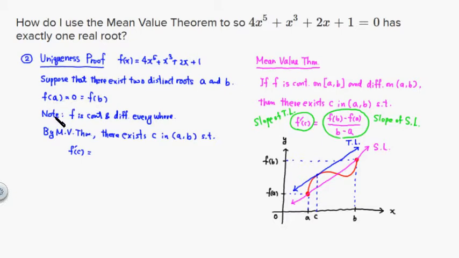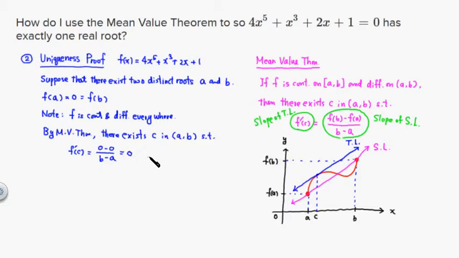So f of a is 0, f of b is 0. So this difference quotient is basically 0 minus 0 over b minus a. So this is actually just 0, right? So what the mean value theorem tells us is that there exists a real number c so that the derivative is equal to 0, right?